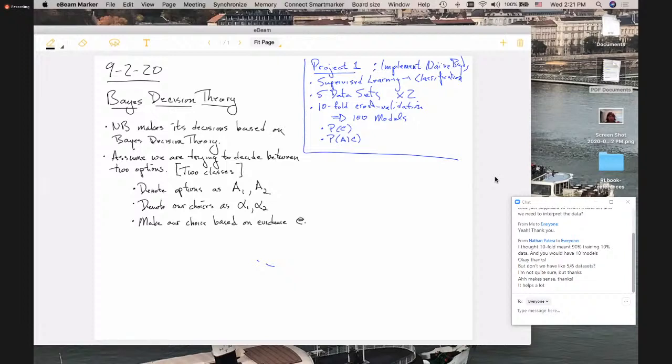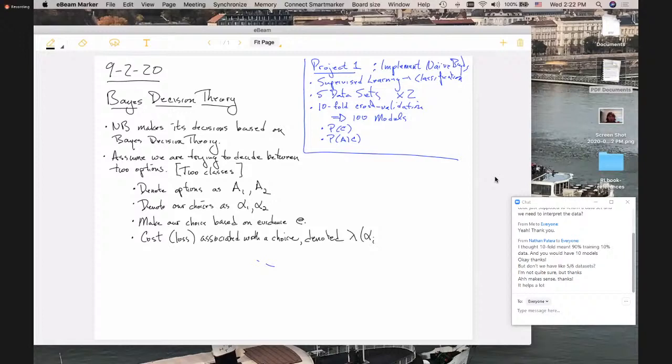Well, there's one other thing I have to define notationally. And this notation is a little bit different than what you've seen so far, because what we want to do is consider the cost or the loss associated with a choice, which we will denote lambda of alpha sub i.